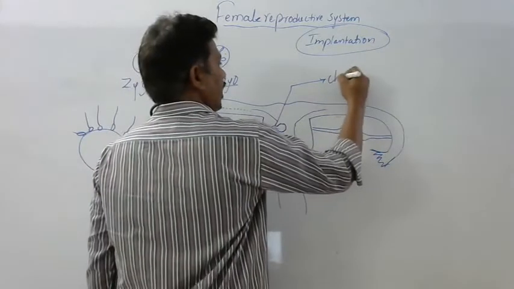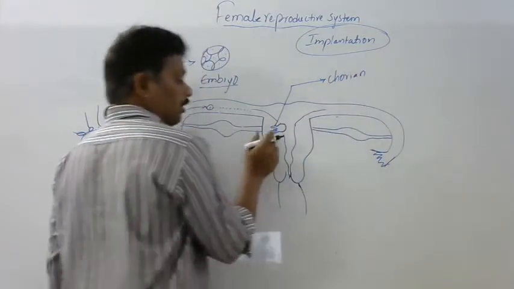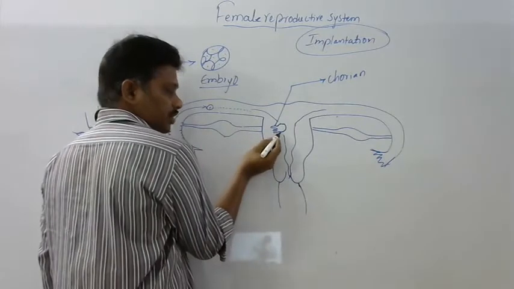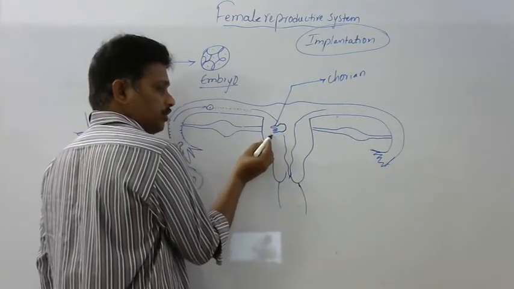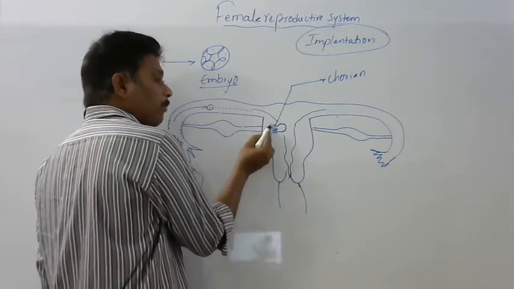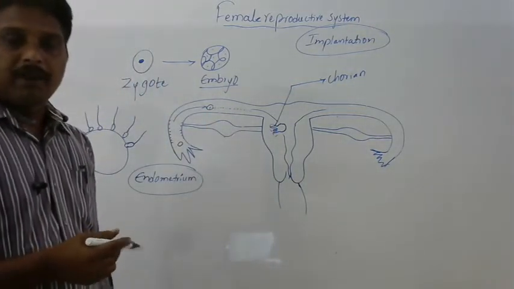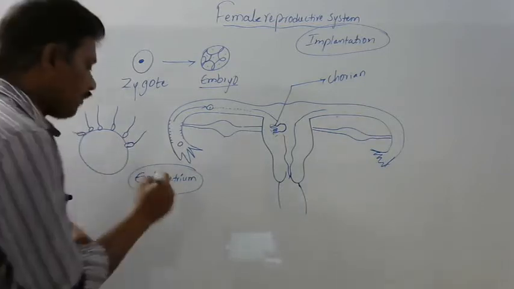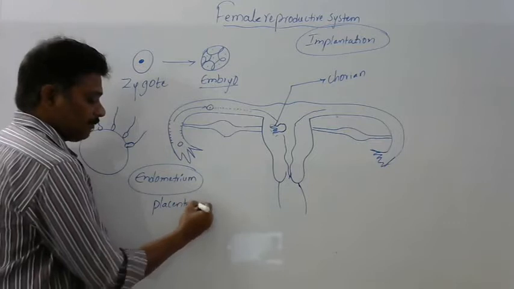These are the embryonic layers. Whenever these finger-like projections are produced, immediately this projection tissue is surrounded by blood vessels of the mother, and it grows and forms a specialized structure called the placenta.